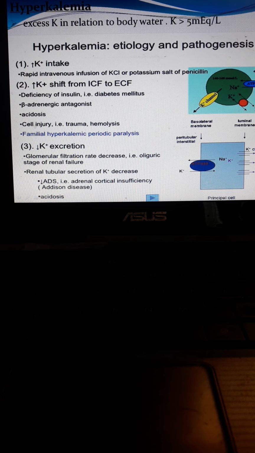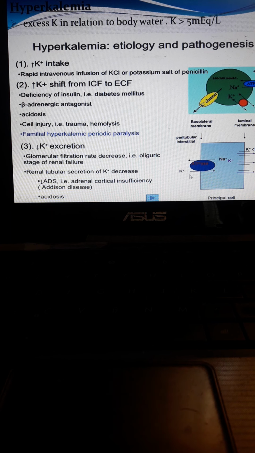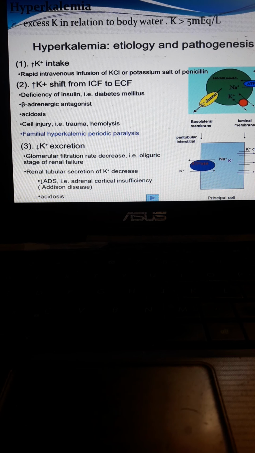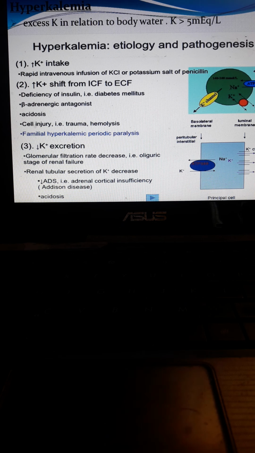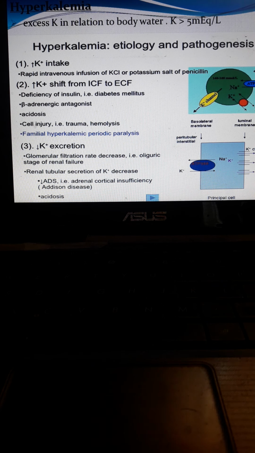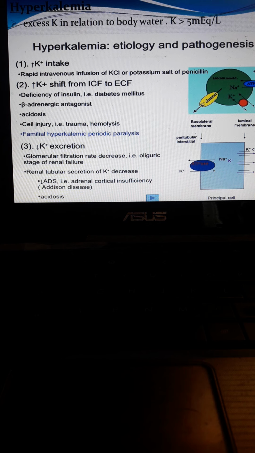So we have the tubular lumen. Again potassium ion exchanges with sodium ion, and more potassium ion goes to the bloodstream. So this will lead to hyperkalemia already. Principal cells are cells that are found in the lumen, or in the renal tubules of the nephron. So take note, the nephron is the basic structural unit of the kidney.